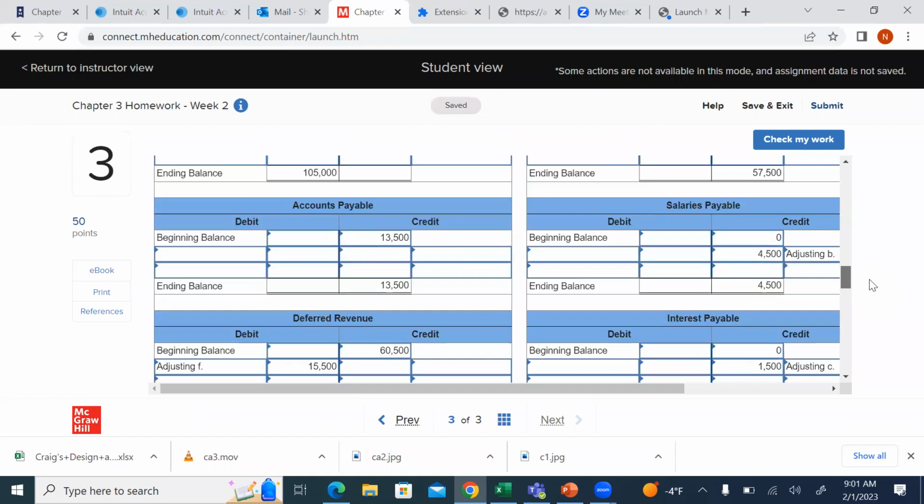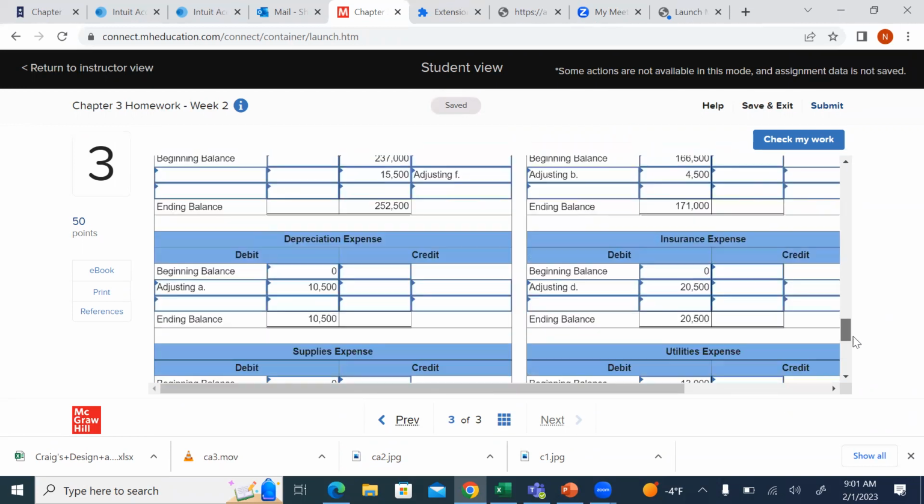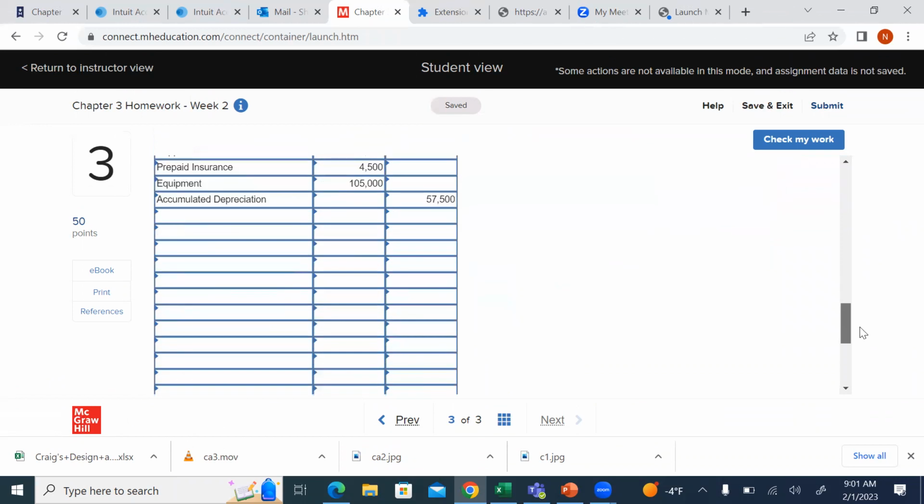Accounts payable 13.5, salaries payable 4,500. These are all credits.